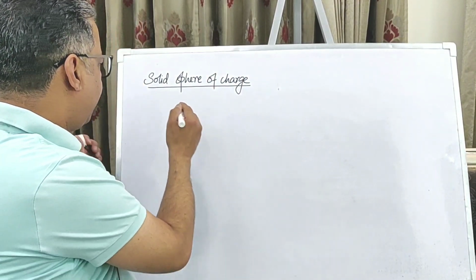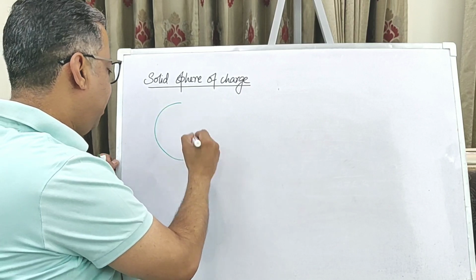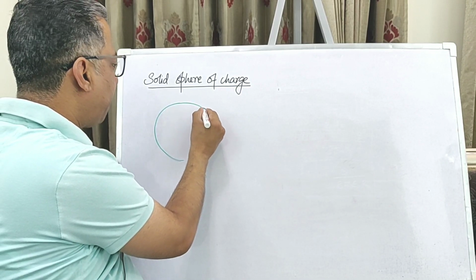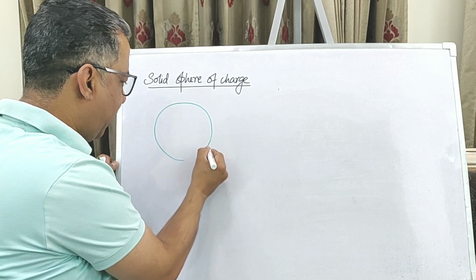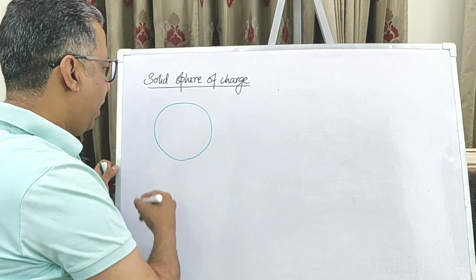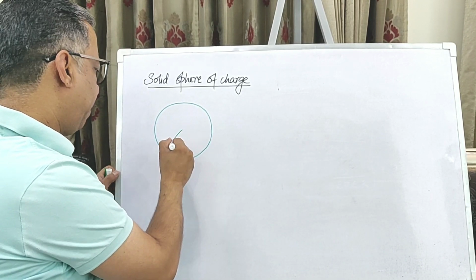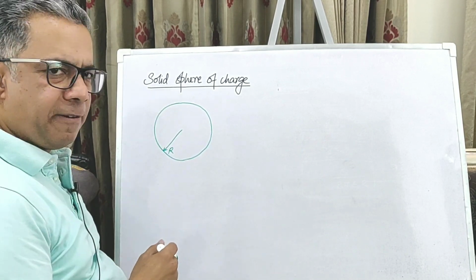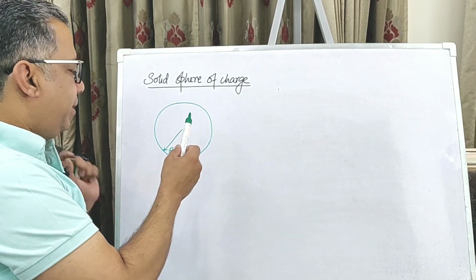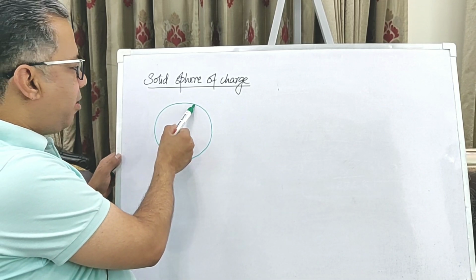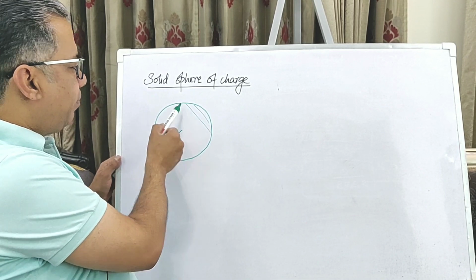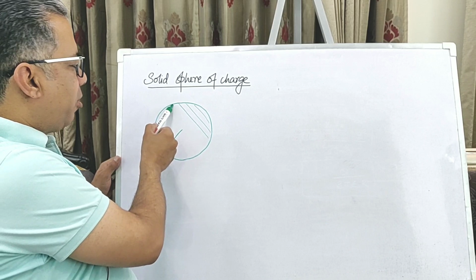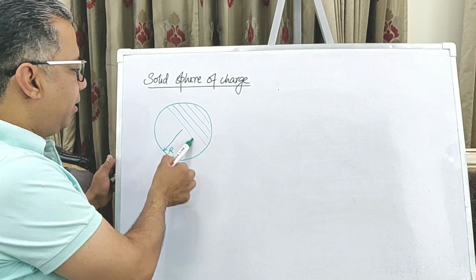The difference between a spherical shell and a solid sphere lies in the fact that the solid sphere has charge distributed in its entire volume, not just on the surface.